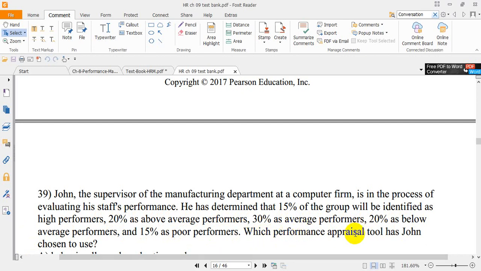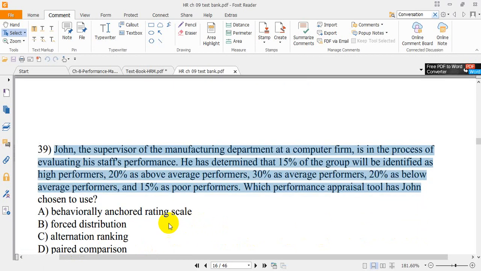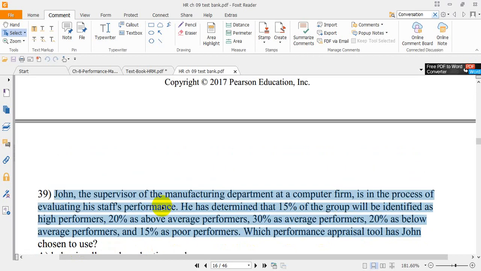Which performance appraisal tool is John choosing to use? This is an example of the forced distribution method.